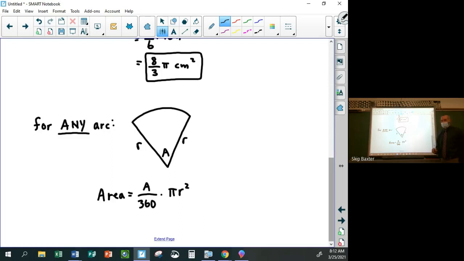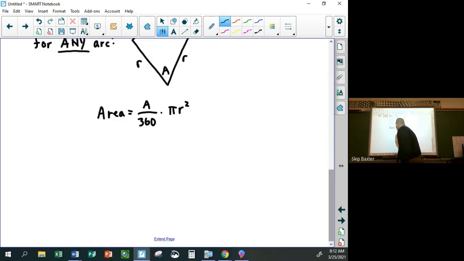Right? And then sometimes that fraction will simplify, like 60 over 360 is 1/6, or 90 over 360 is 1/4. Sometimes maybe it won't. Maybe it's an odd number of degrees that doesn't go evenly into 360. That's okay. You could just use a calculator or whatever you need to do, okay?